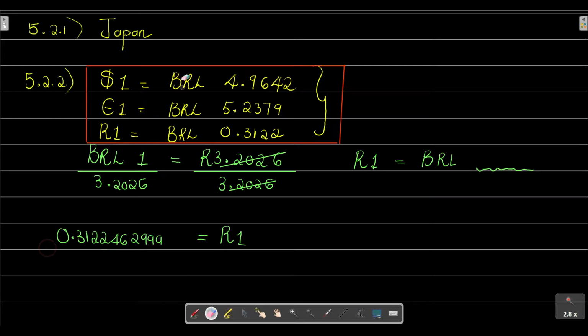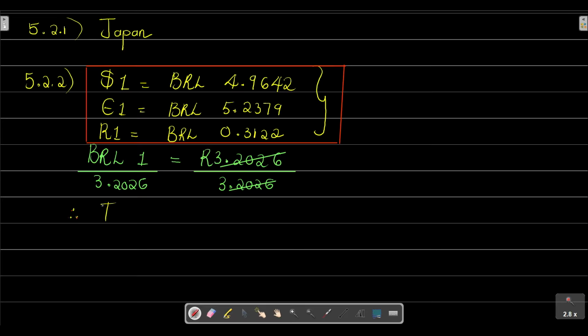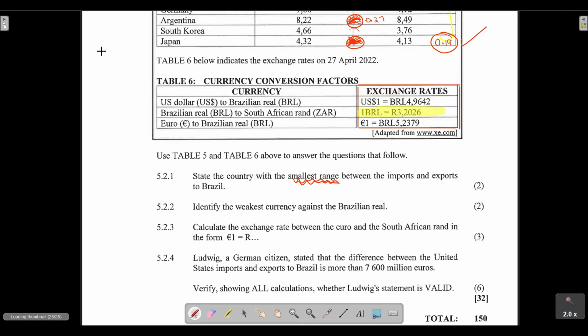So what can we conclude? We can conclude that the rand is the weakest currency. So the South African rand is the weakest currency. Cool stuff. Let us have a look at the next question.